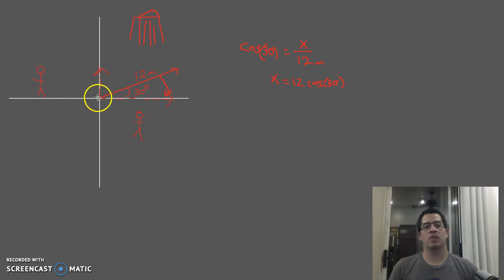And we're going to do the same thing for the y component, okay? But instead it would be this vertical piece right here, the opposite side, and so we use sine. So sine of 30 is equal to y over 12 meters. We multiply the 12 meters over, so y equals 12 meters times sine of 30.